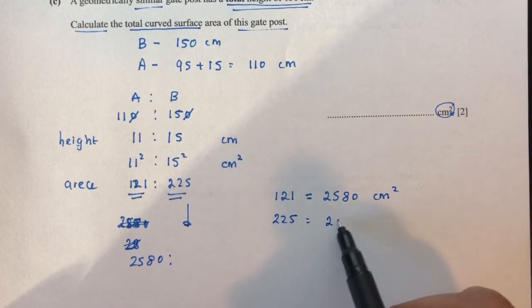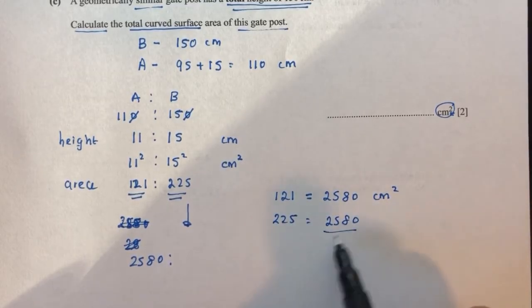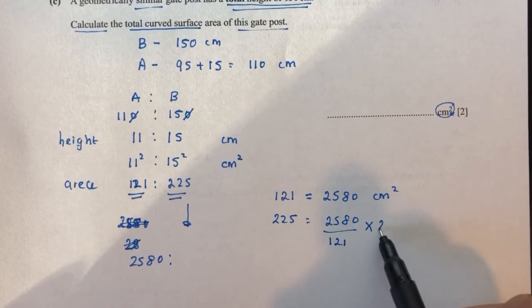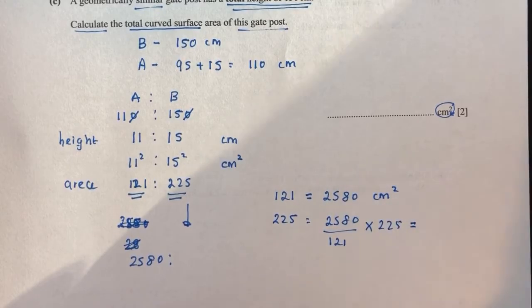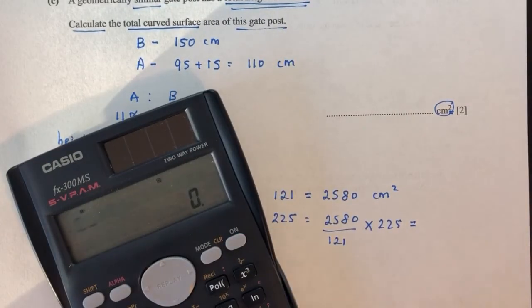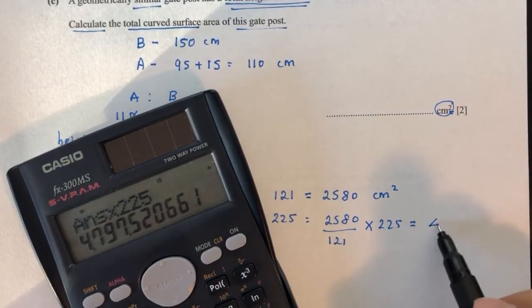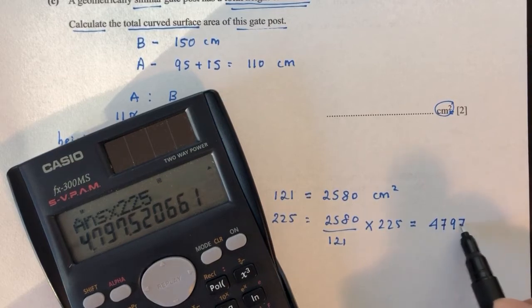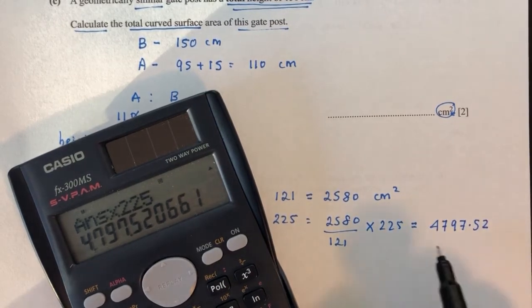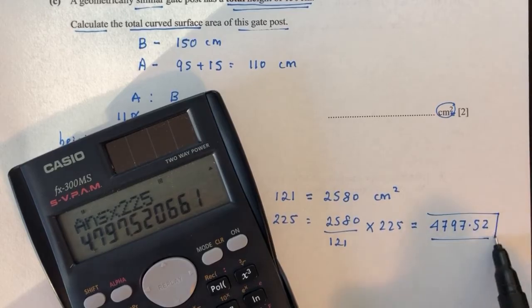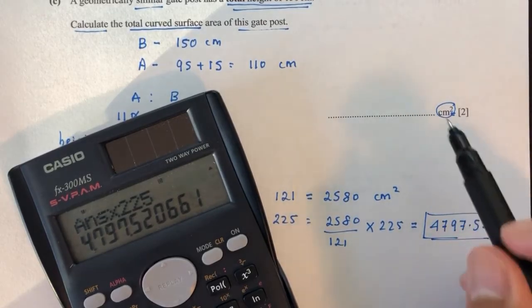It will be 2580 divided by 121 times 225 to find your answer. So 2580 divided by 121 times 225 will be 4797.52, which represents the area of B.